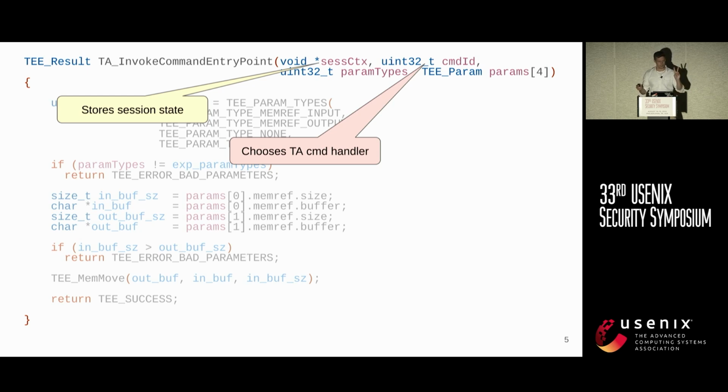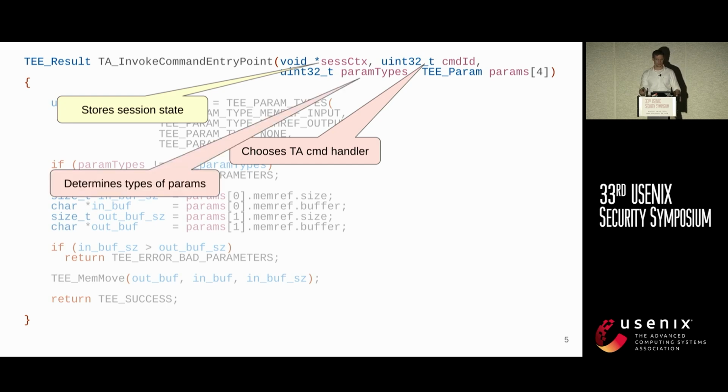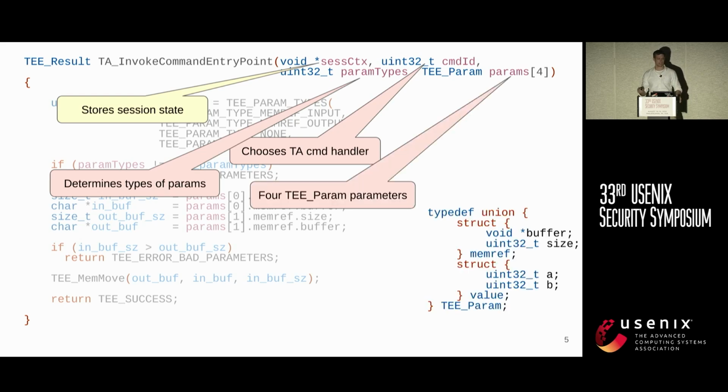Then we have the 2 parameters that are of particular interest for this talk. The parameter types determine the types of the next parameter, which is this array of TEE_Param structs, which you can see here on the right. You can choose between one of these parameters being a memory reference or a value.